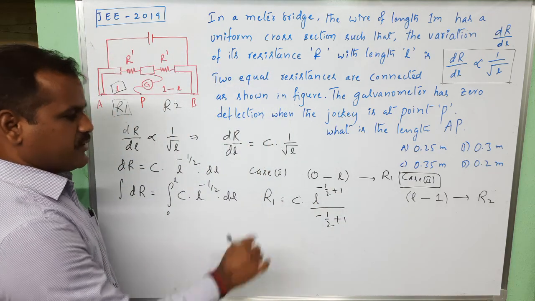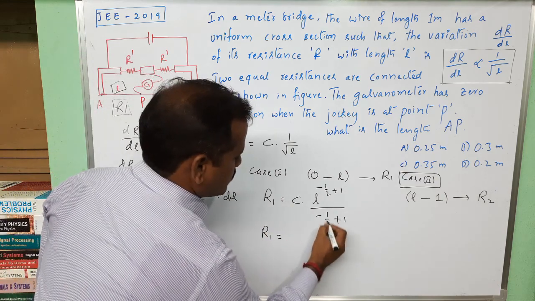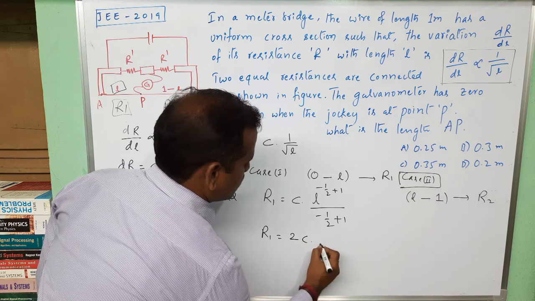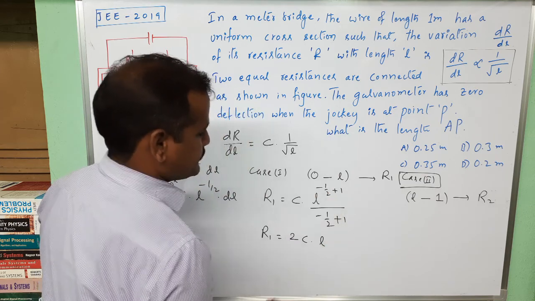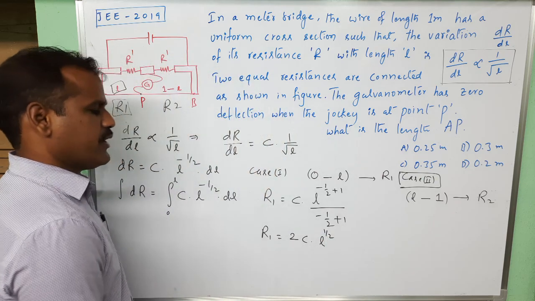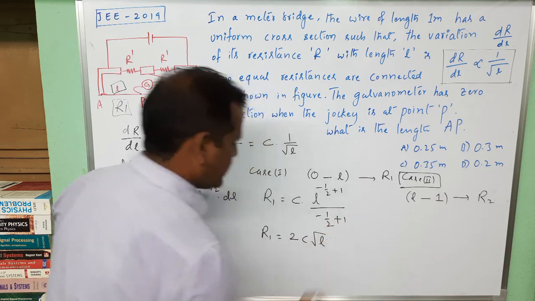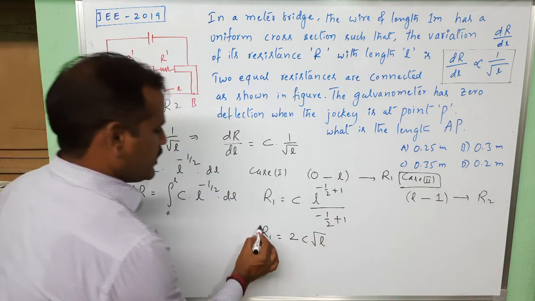Left hand side it is R1. So R1 is equal to, and this is 1 by 2, so 2C and L to the power of plus 1 by 2, or square root L I can say. I am writing like this. R1 value I am getting is this much.